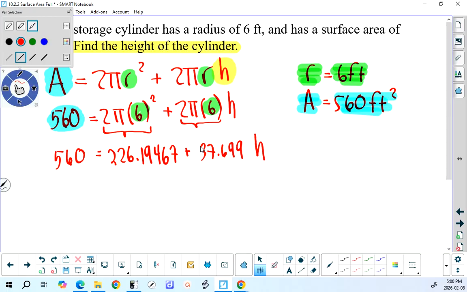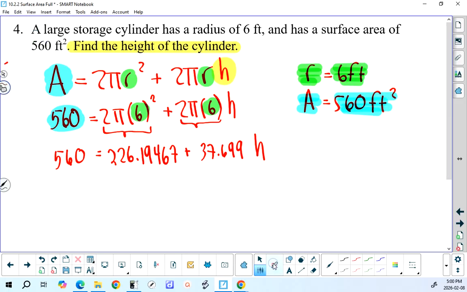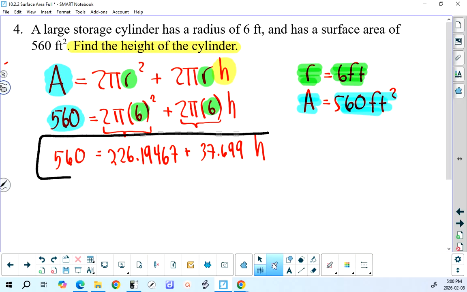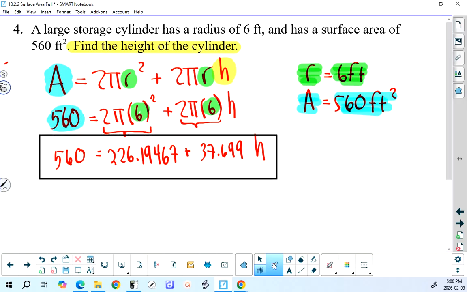Times h. So this type of equation here, everybody, I've referred to it already today as a two-step equation. For you to get h by itself, you have to subtract the 226 first and then divide by the 37.69.